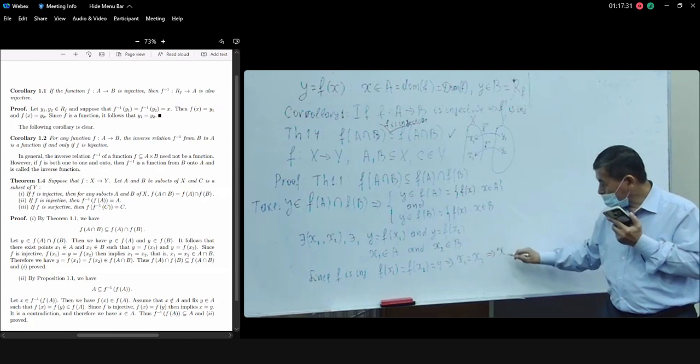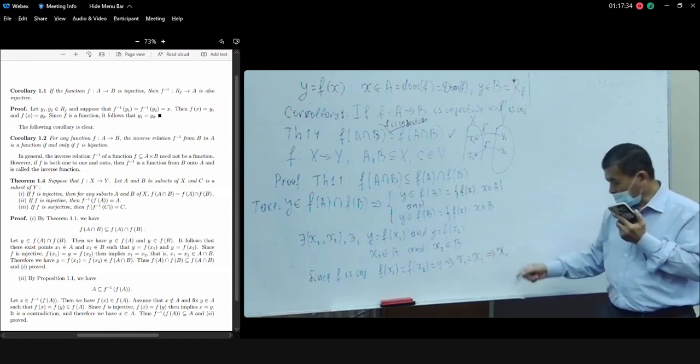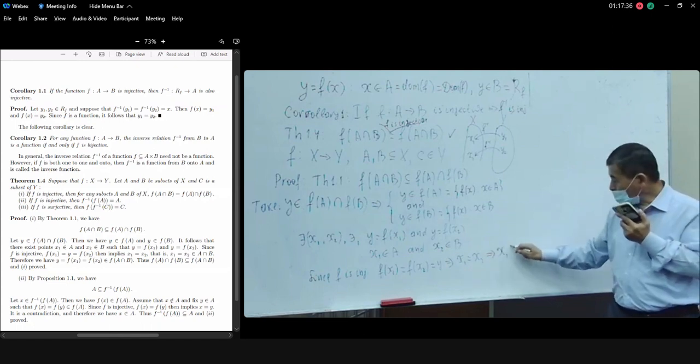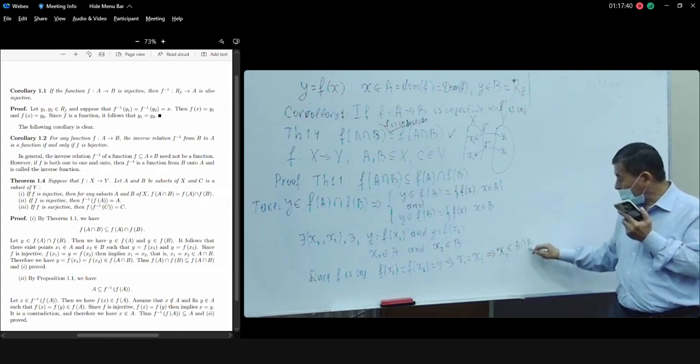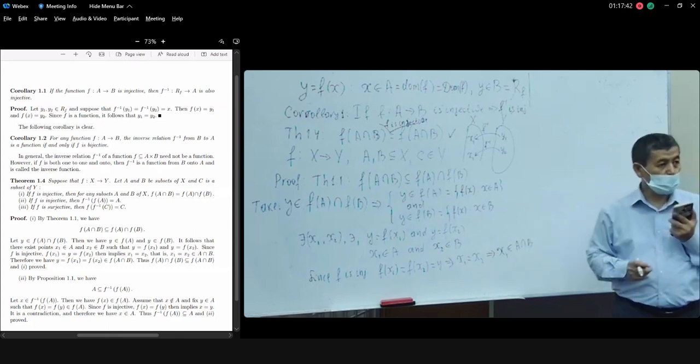So x1 belongs to A and B, to the intersection.